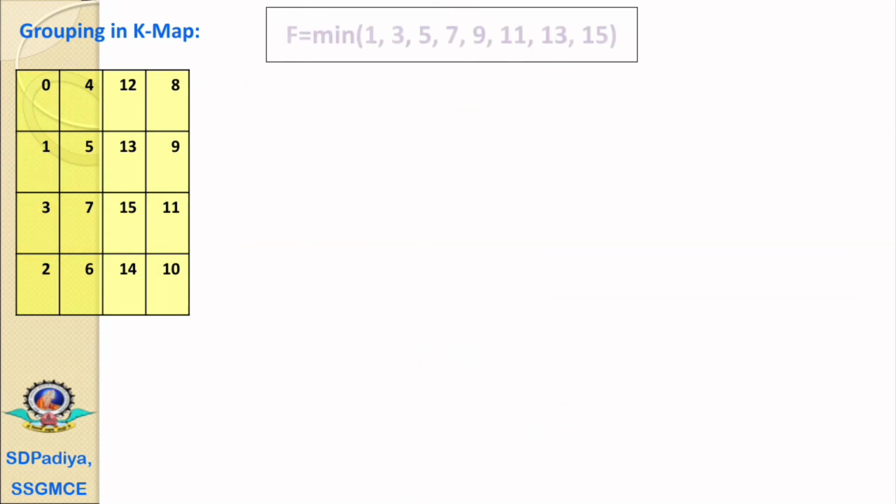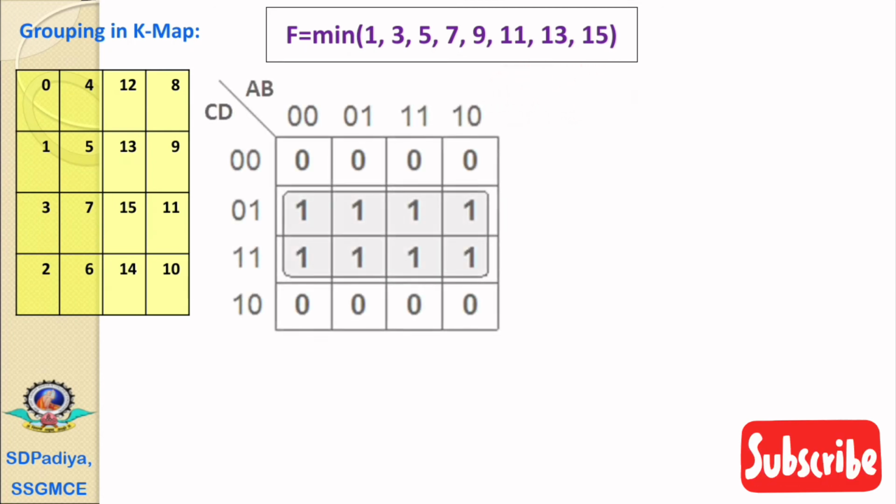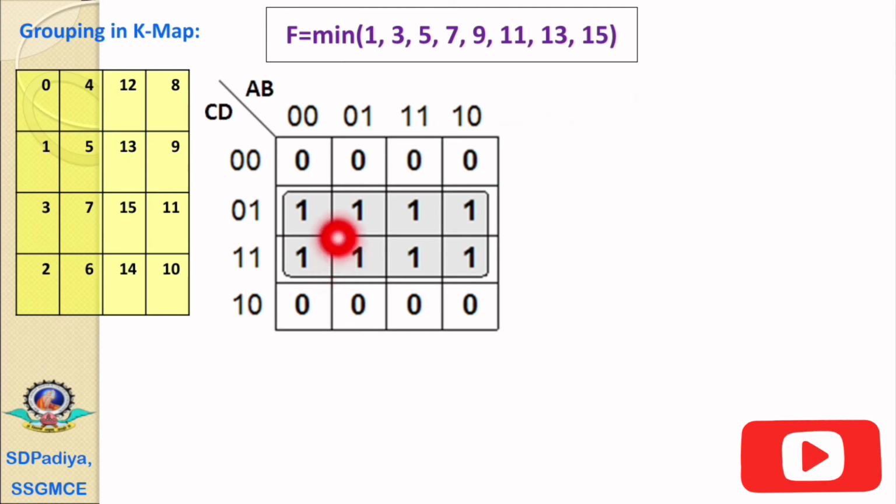Now the next is to find out the expression for the min terms 1, 3, 5, 7, 9, 11, 13, 15. If we construct the K-map of the 16 cells and we enter the 1 for the particular cell designation, then in this K-map, the second row and the third row, all these values are 1.